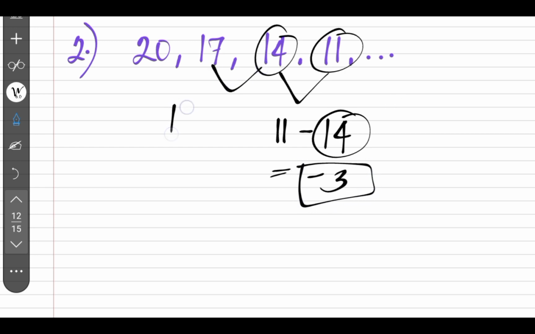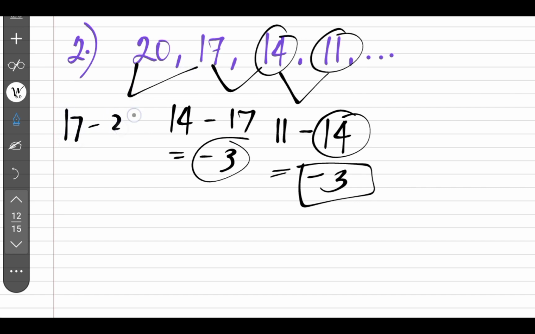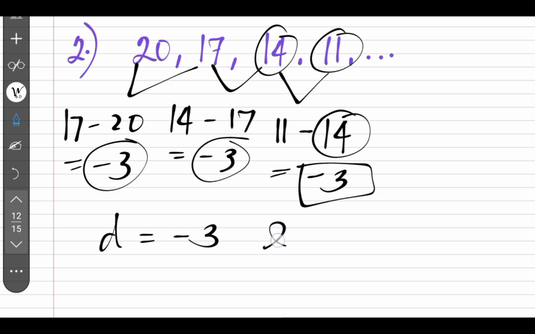Next, we have 14 minus 17. So 14 minus 17 is again negative 3. And last, 17 minus 20. So 17 minus 20 is again negative 3. So since all the differences are equal to negative 3, the common difference is negative 3 and it is an arithmetic sequence.